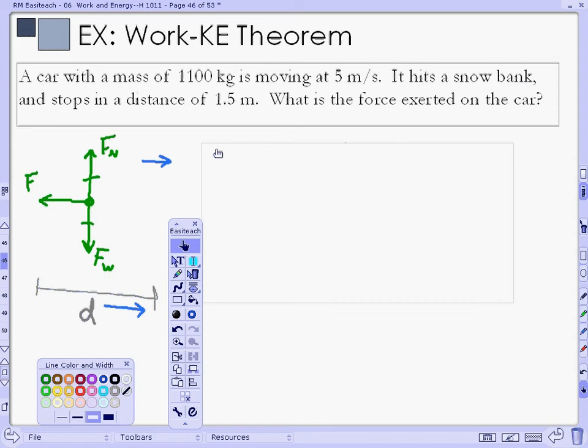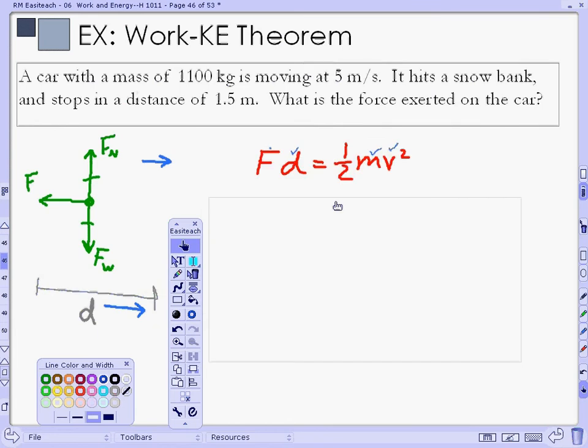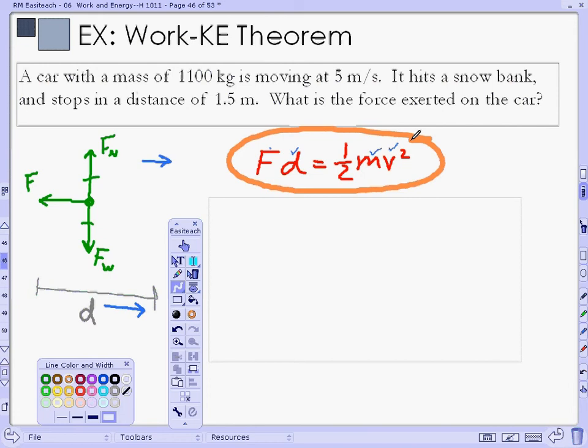Now, the problem asks for the force. So if we look at the relationship and think about how that work is translated to energy, that negative work saps or takes away kinetic energy. So I write down force times distance equals 1/2 mv squared. And I'll just briefly show you where that came from.